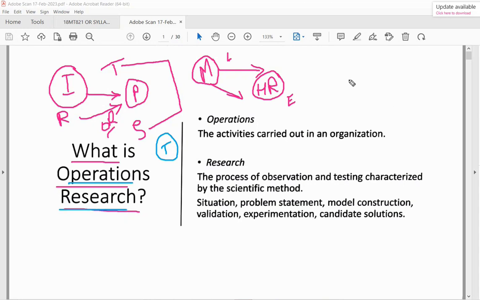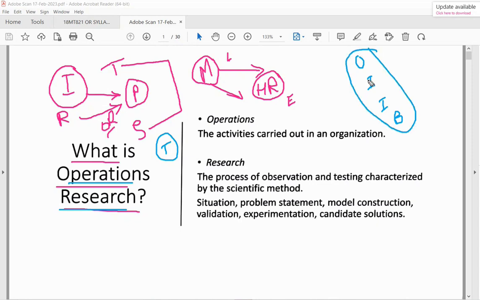Especially it is present in all organizations, industries, institutions, business models, in all these areas. Other than these, many other areas also adopt it. Some examples I'm taking. All these are product oriented.